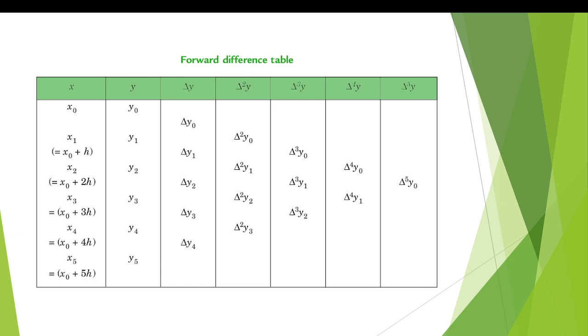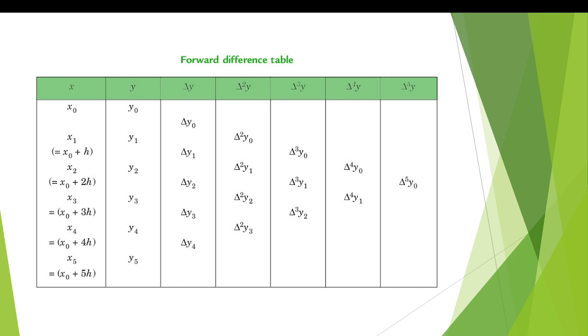The next column is del 2y, and from the values of del y0 and del y1 we calculate del 2y0, that is, del 2y0 is equal to del y1 minus del y0. In this way, we also calculate the values of del 2y1, del 2y2 and del 2y3.